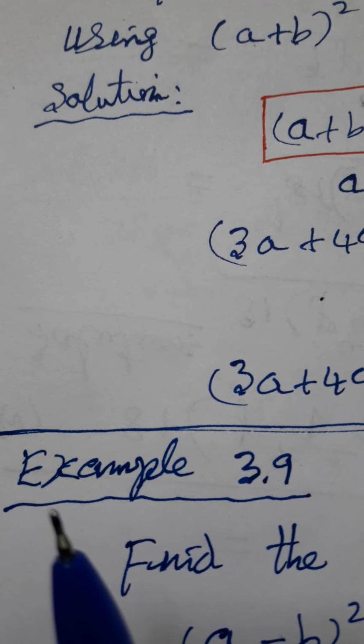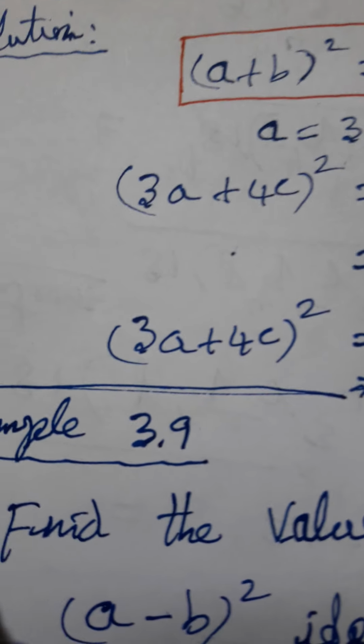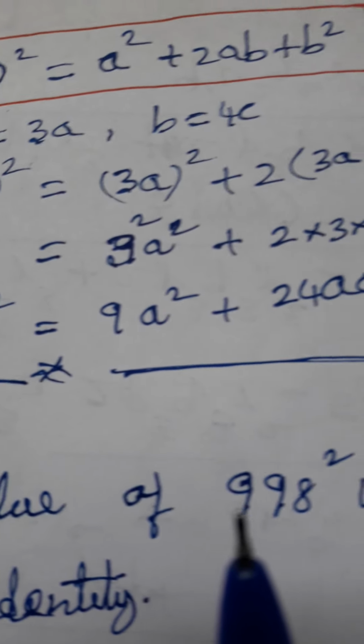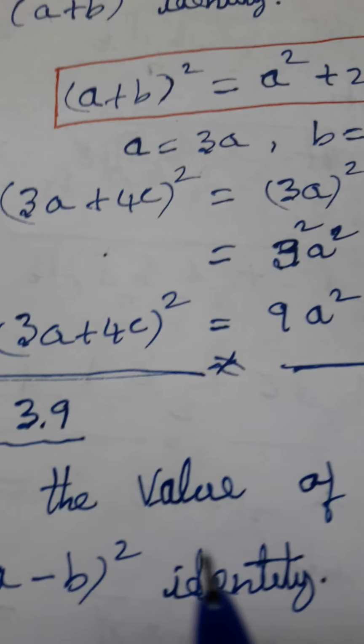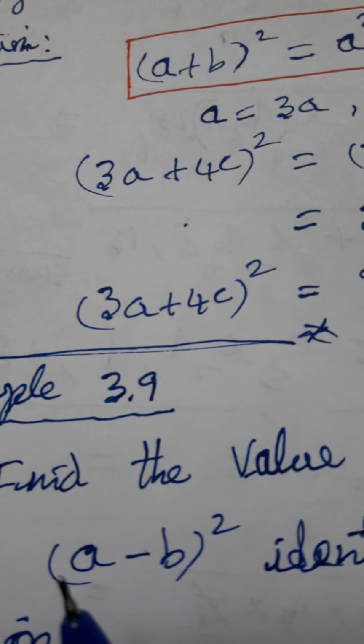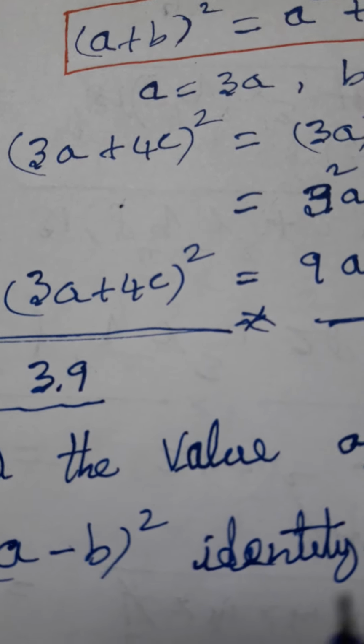Next example 3.9. Find the value of 998² by using the (a − b)² identity.